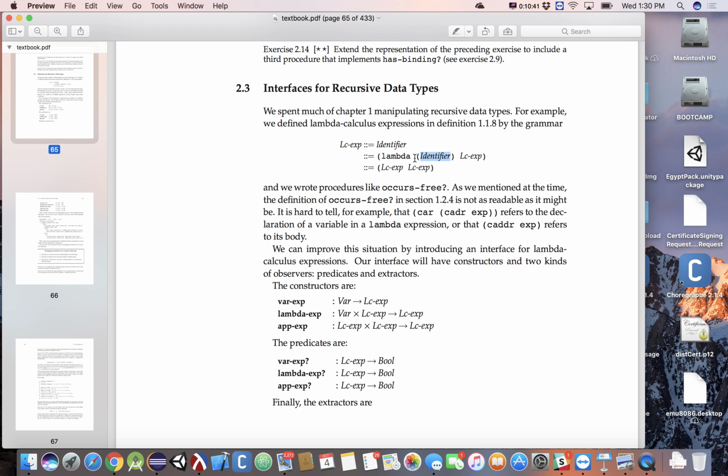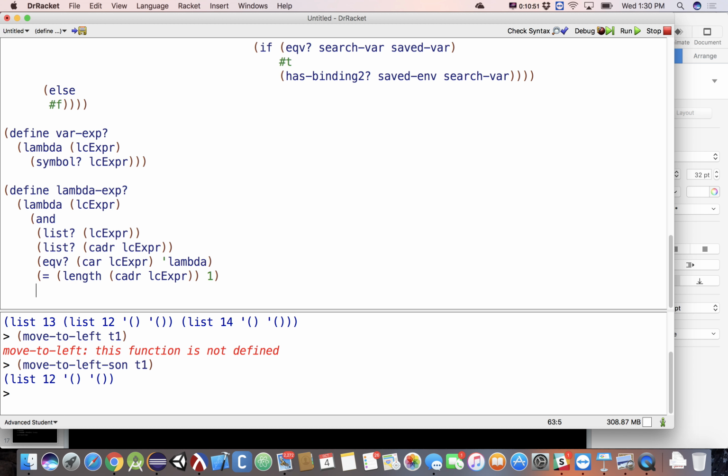So if I know this guy is a list, and I know it contains an exact length of 1, then I also want to ask, is the one element that's in there a symbol? So and symbol CAADR, the car of the cadr.